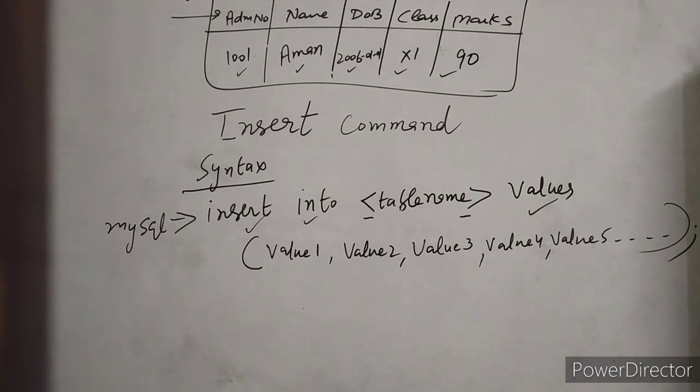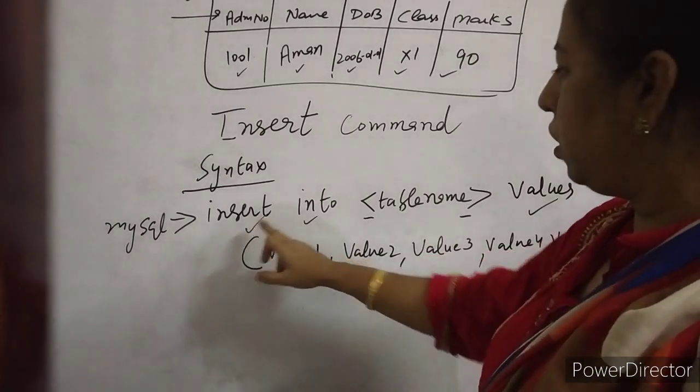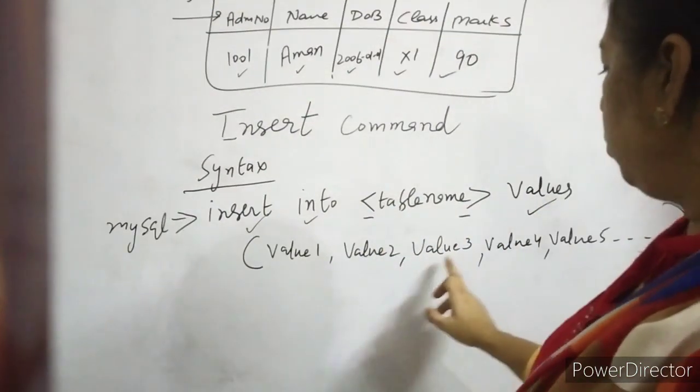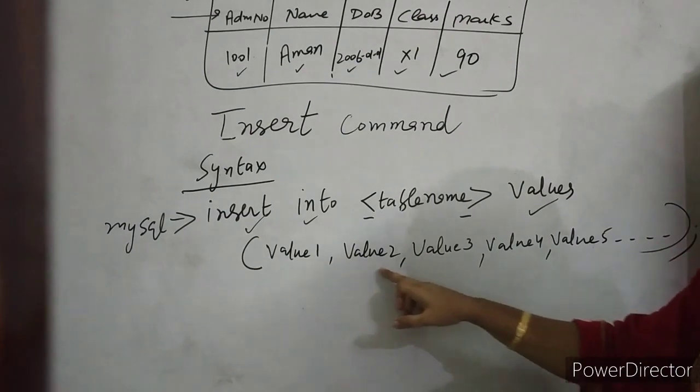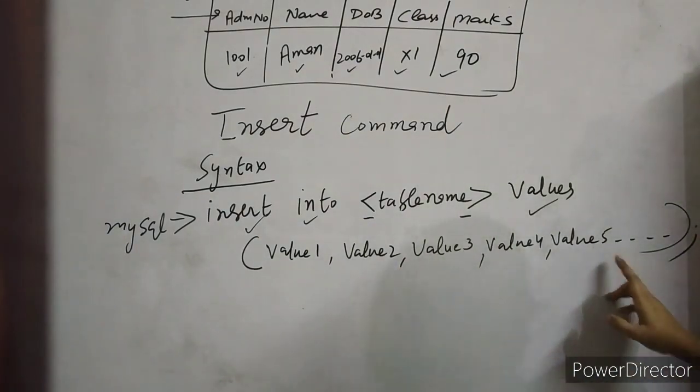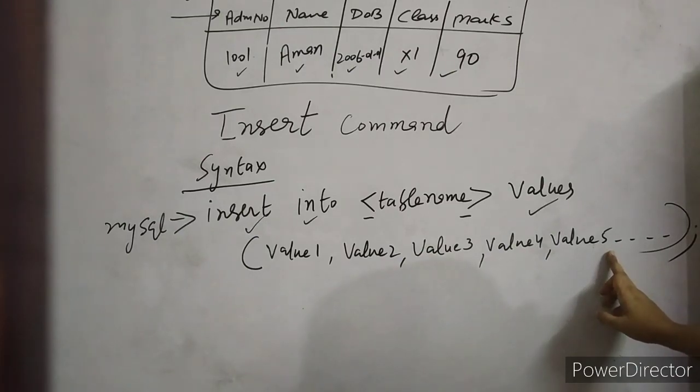Clear to all of you? Now I will use this command with values. This is the syntax: insert into table name values. Put the round bracket, value 1, value 2, value 3. Separate all the values by commas. At the last there is no comma. Clear?